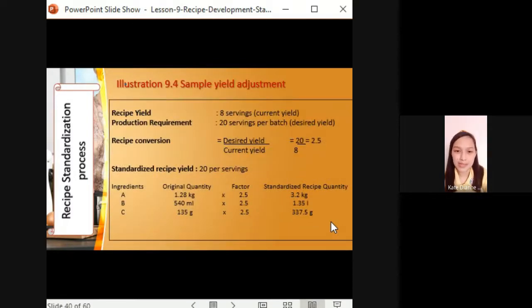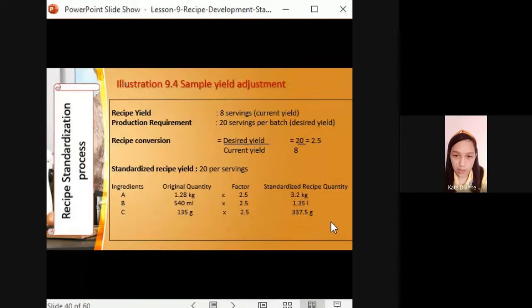So, ayan, meron tayong sample. Ang recipe yield natin is 8 servings, or this is also called the current yield. Then the production requirement or the desired yield natin is 20 serving per batch. So para makuha natin ang ating recipe conversion, so divide natin yung desired yield over the current yield.